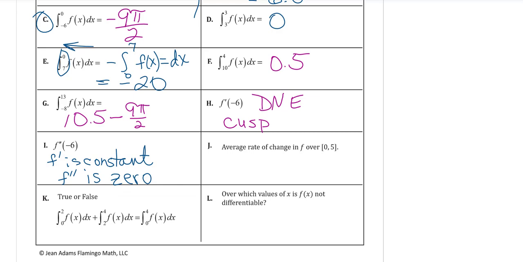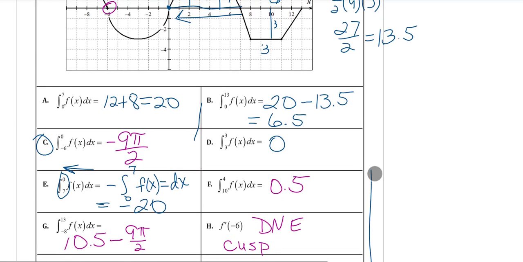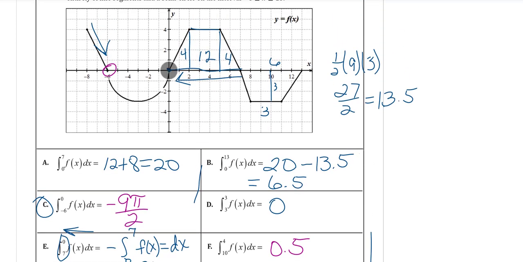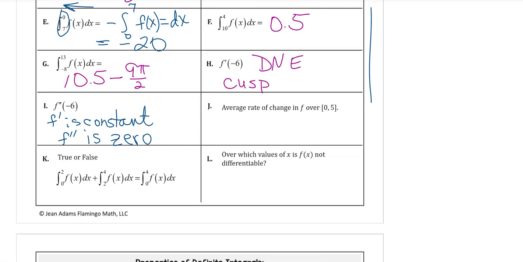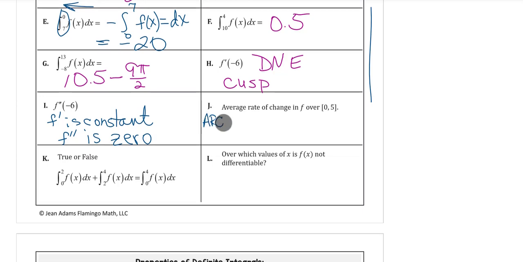So the average rate of change over 0 to 5, we're just going to get those 2 points and find the average rate of change for that. So at 0, we're at 0, 0, and at 5, we are at this point here, which is 5, 4. So those are the 2 points we're going to use to find the average rate of change.